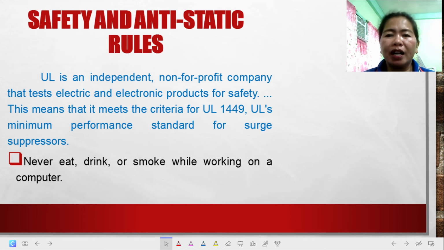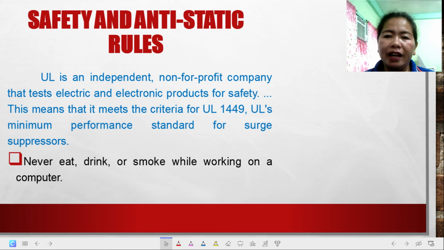Some are called UPS, uninterruptible power supply, but others are also called AVR, automatic voltage regulator. So the one that tests or does quality control is the UL or Underwriters Laboratories.